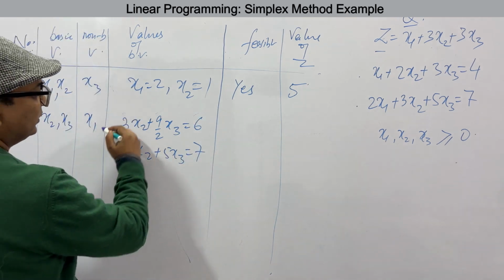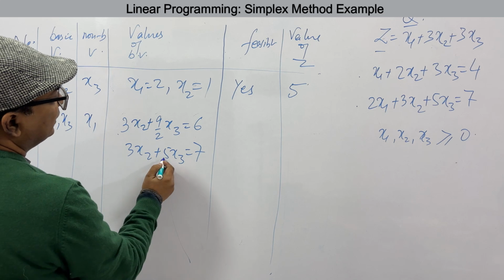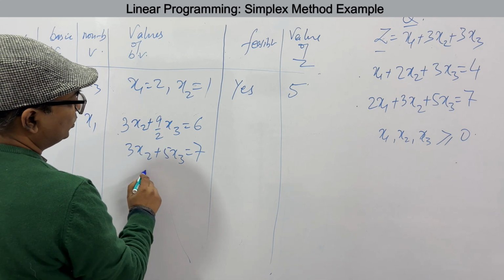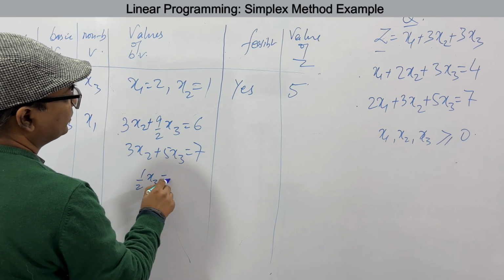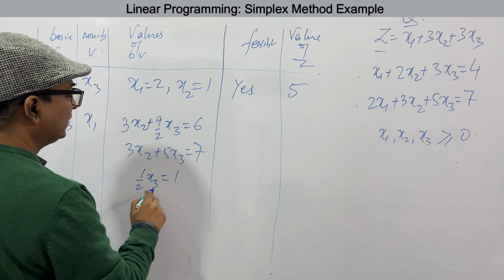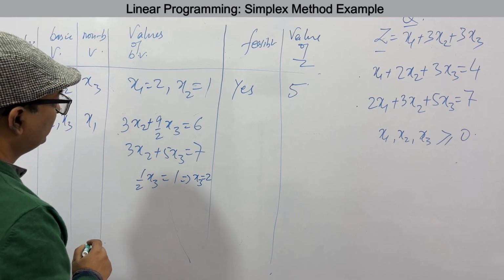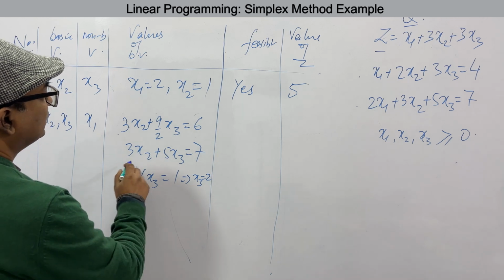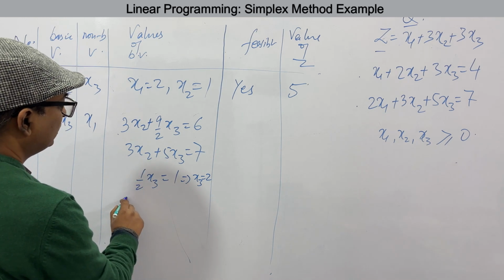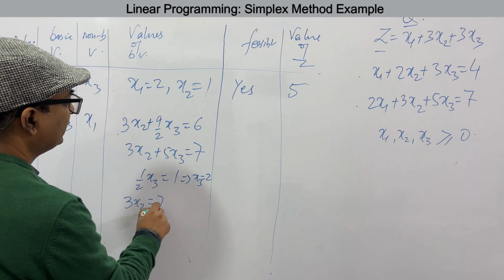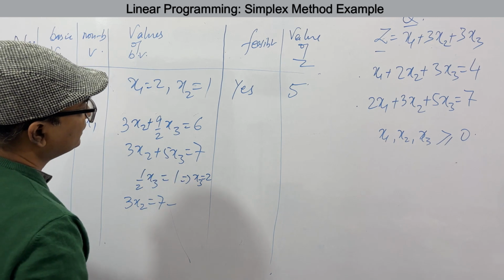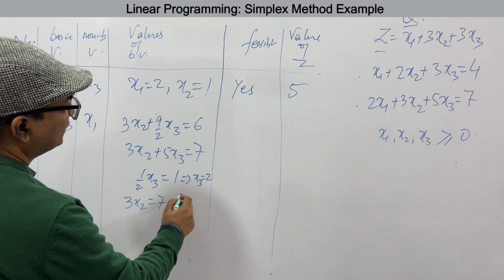Okay. Now this minus this. This is 5, this is 9 by 2. So this will be half of x3. And this is 7 minus 6, that is 1. So x3 is 2. And what will be the value of x2? So thrice x2 is 7 minus 5 into x3. 5 into x3 is 10.